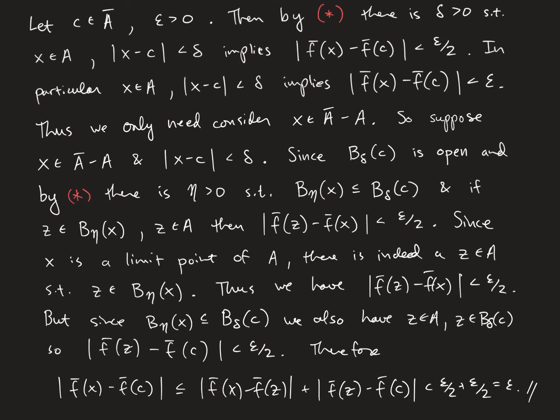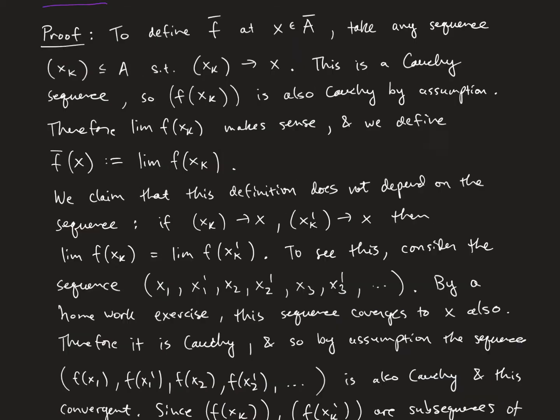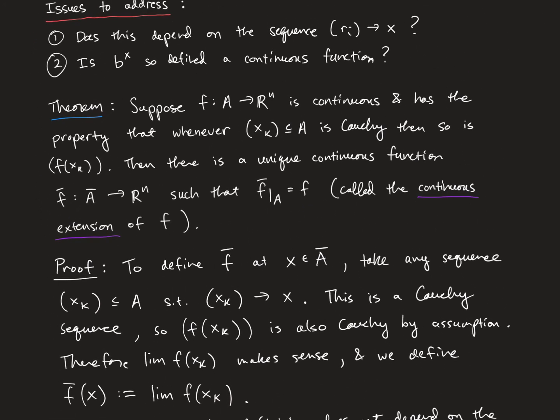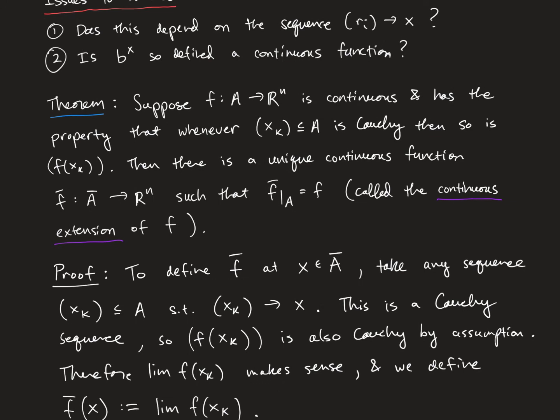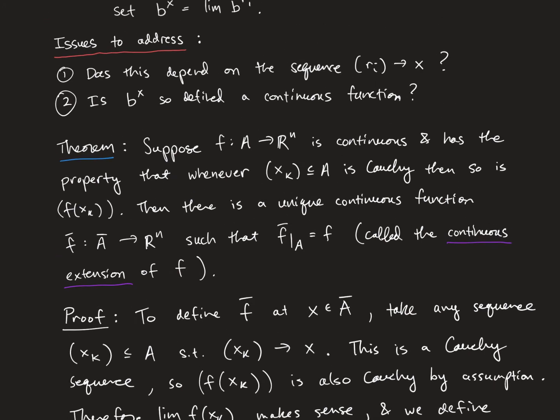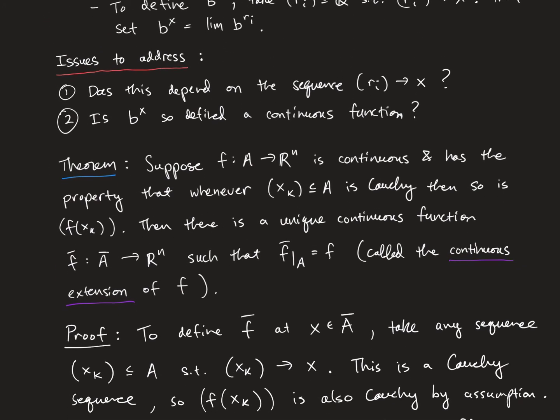Okay, so that's a rather longish proof, but the payoff is we have this rather general result about extending continuous functions to their closures, and a particular case of that is our exponential function.